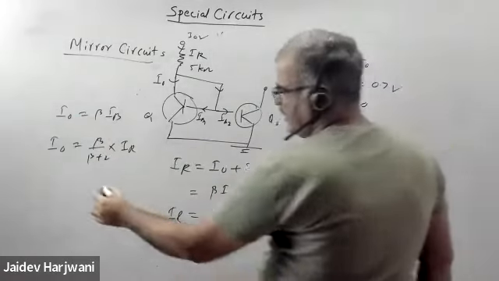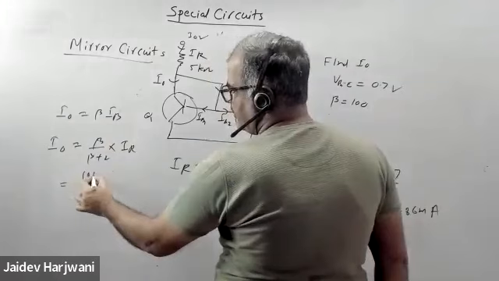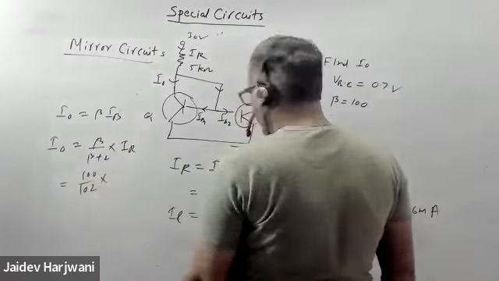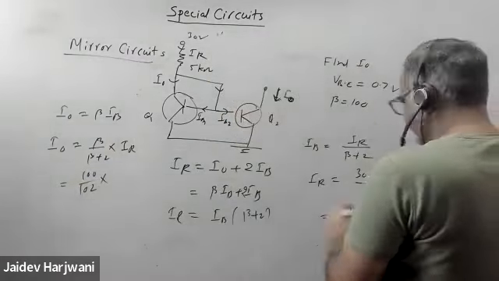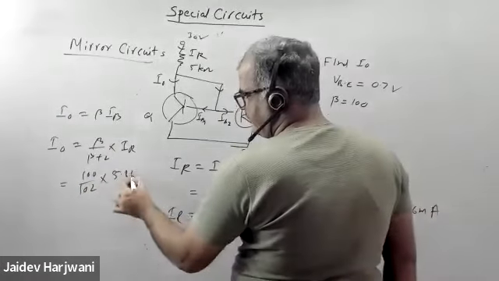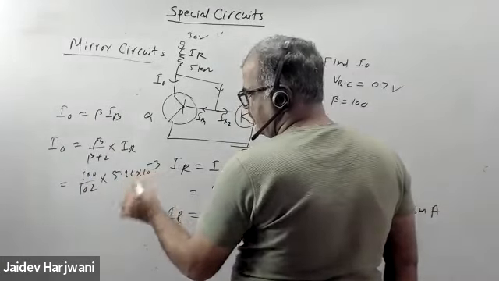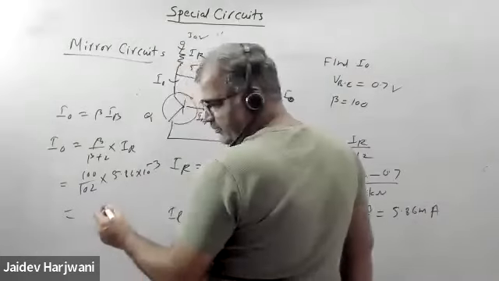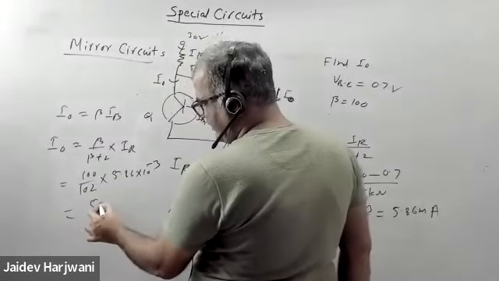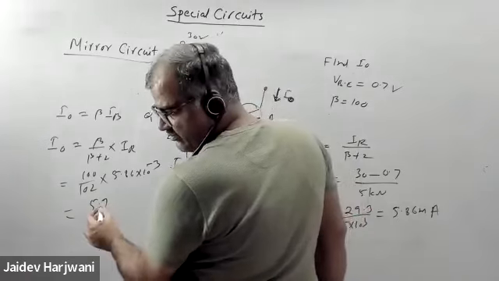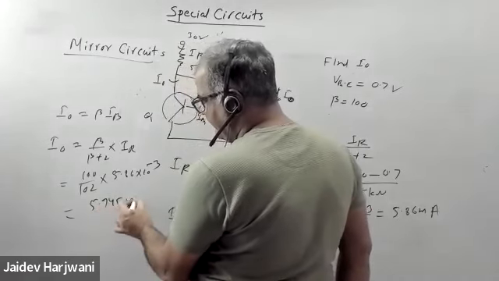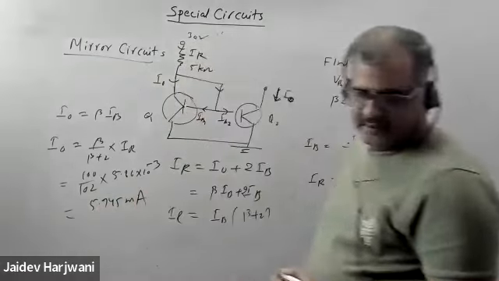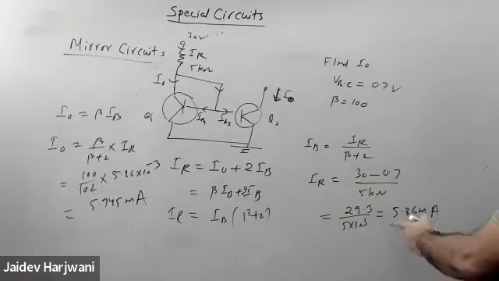So I naught can be, beta is 100 upon 102, IR already I have done 5.86 milliampere. So this will give me the current value 5.745 milliampere.